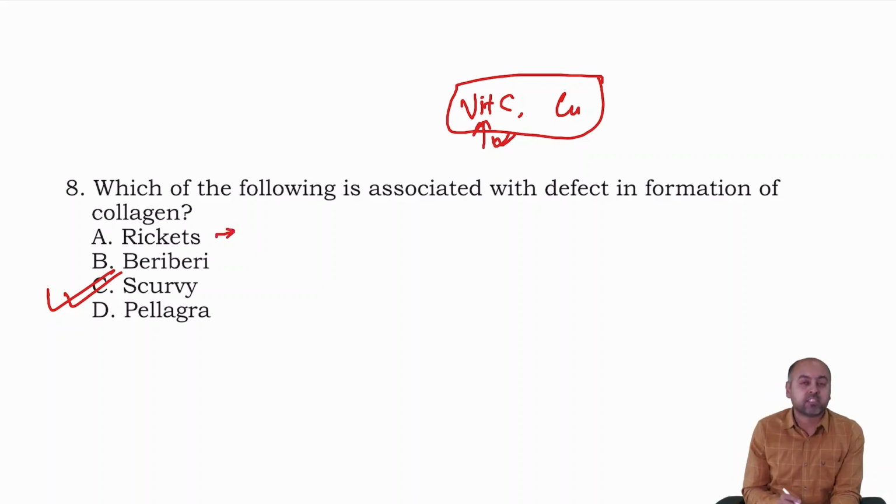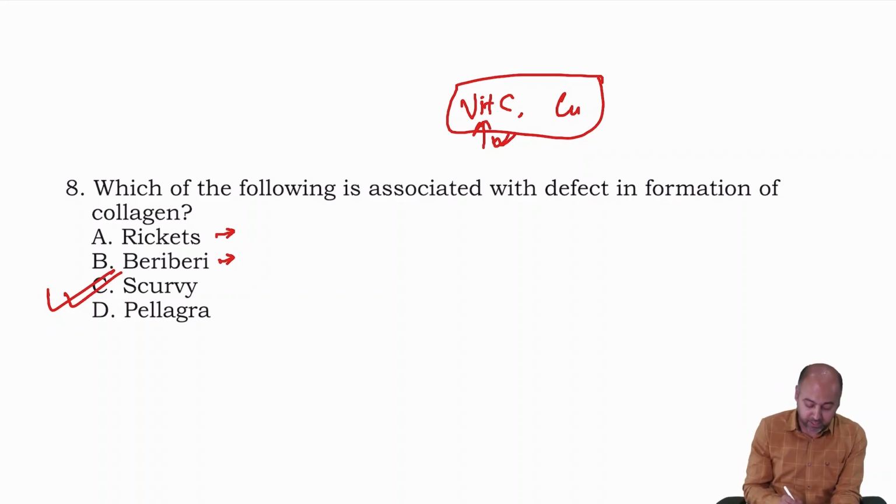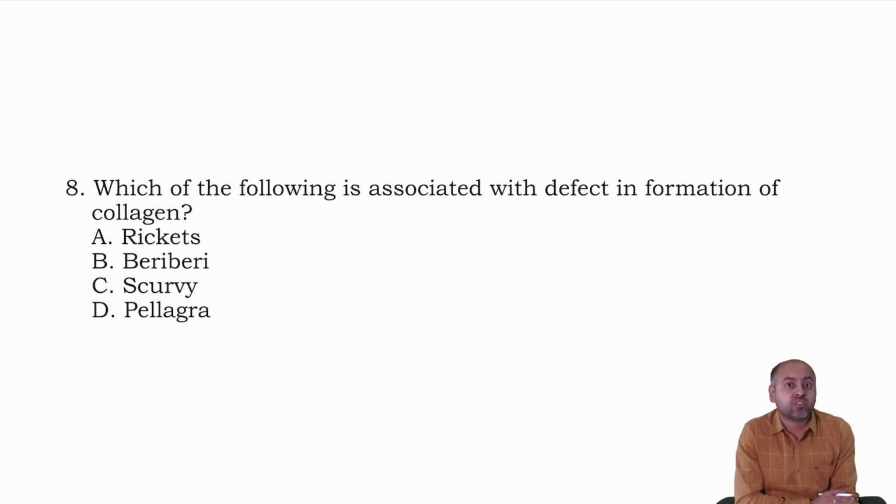In rickets, there is defective mineralization. In beriberi, there is thiamine deficiency, because of which various enzymes of metabolism are affected. And in pellagra, there is the deficiency of niacin.